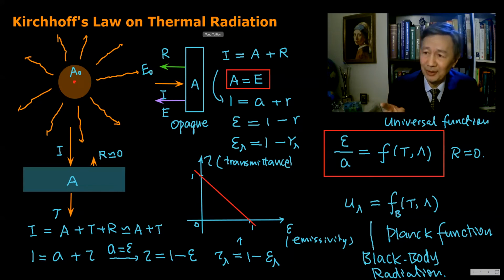So this is my first remark: the black body is a very primitive idea, introduced before people fully understood the interaction between thermal motion and electromagnetic phenomena, namely thermal radiation.